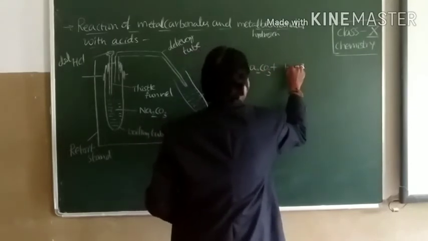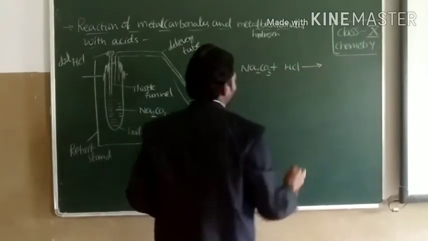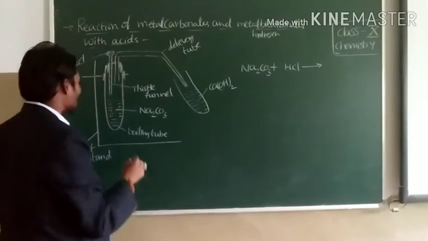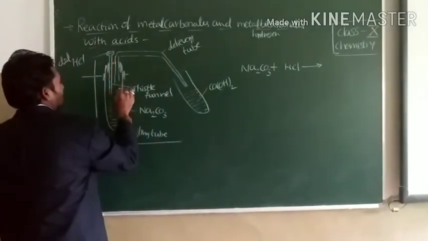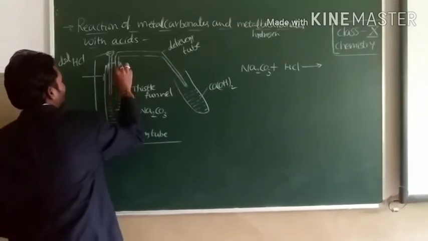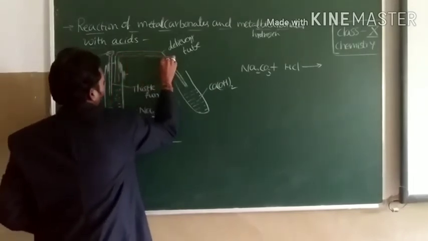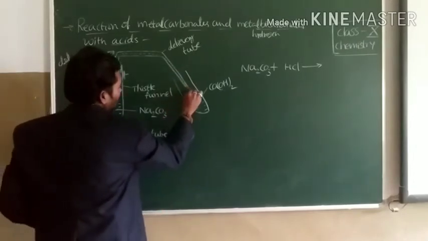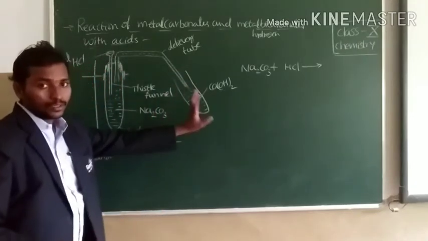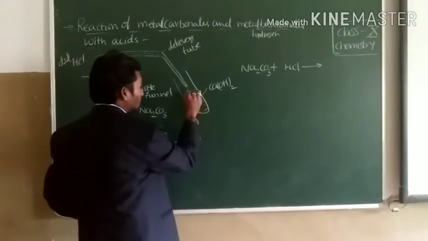Now the reaction takes place between the acid and the metal carbonate, that is sodium carbonate and dilute hydrochloric acid. After some time you notice formation of bubbles in the boiling tube, and the bubbles pass through the delivery tube and enter the other boiling tube filled with lime water.